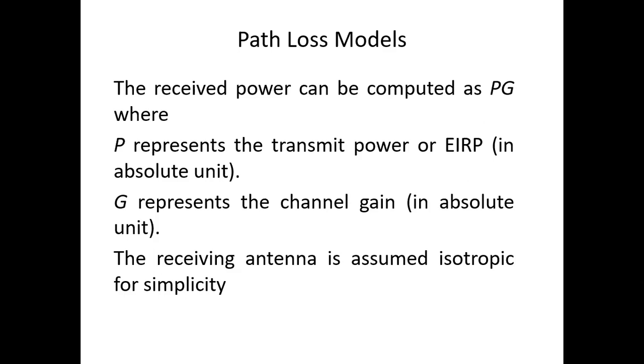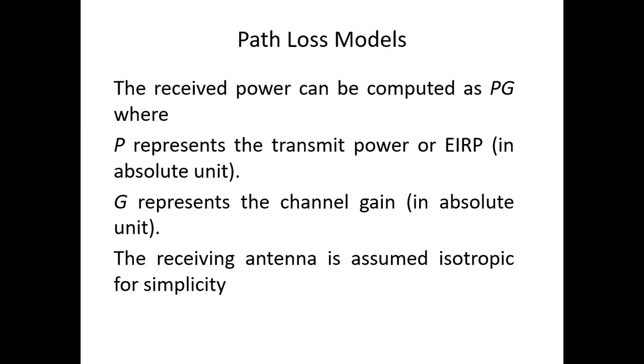And please recall the hypothetical isotropic antenna, where you have equal energy in all different directions. Then your G is 1 or 0 dB. So the antenna for a cellular phone is close to that. So it is just considered 1 or 0 dB.